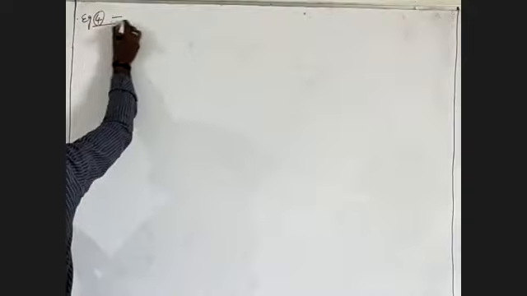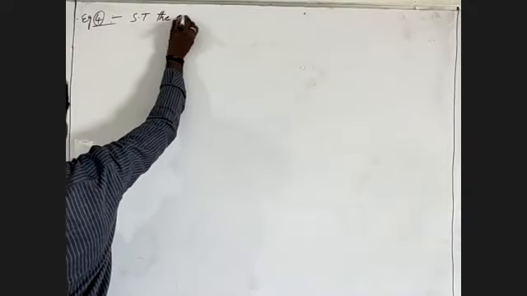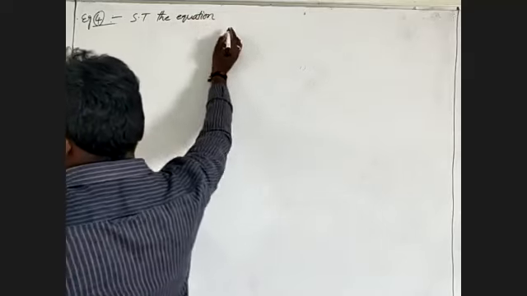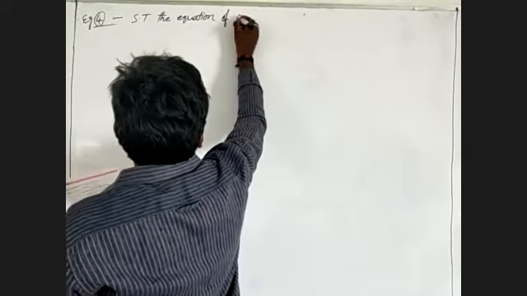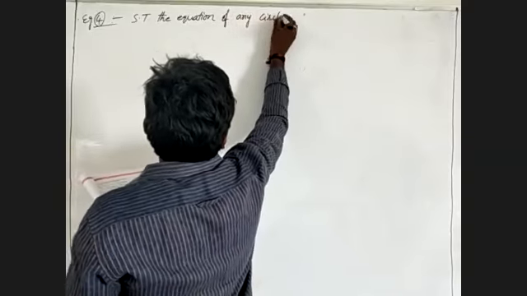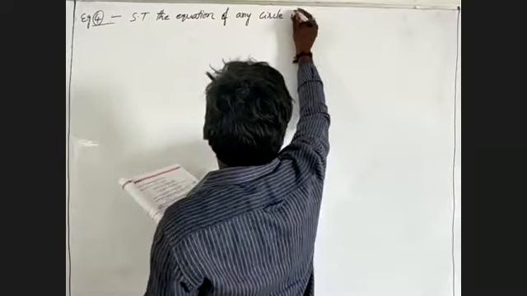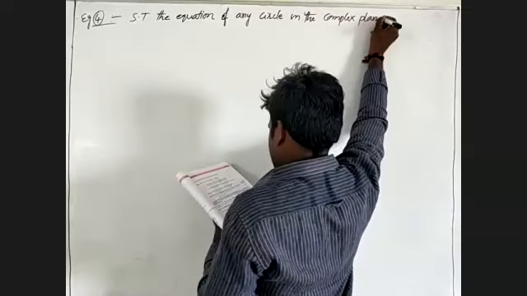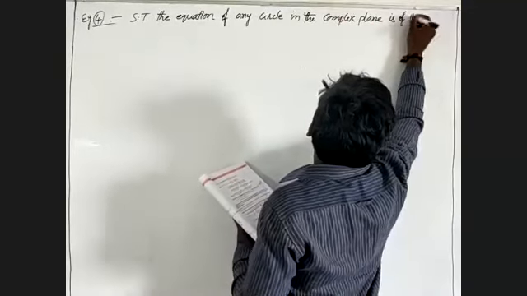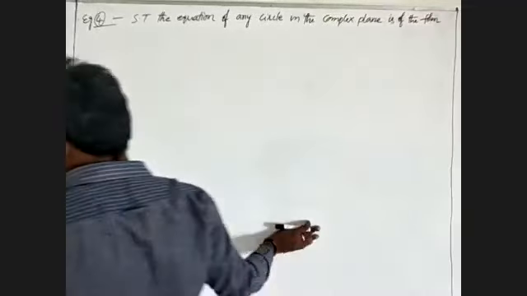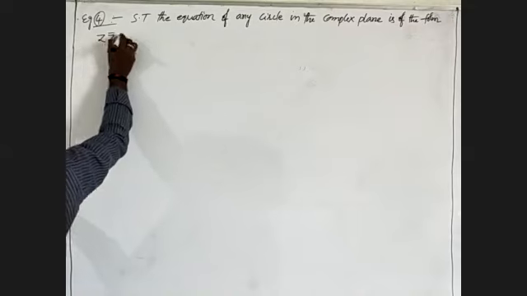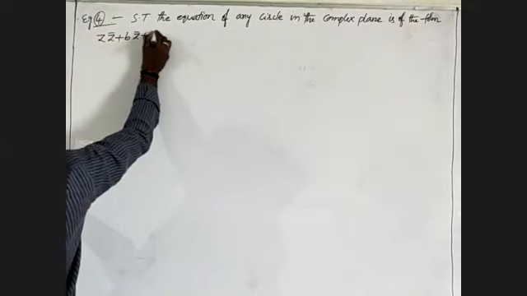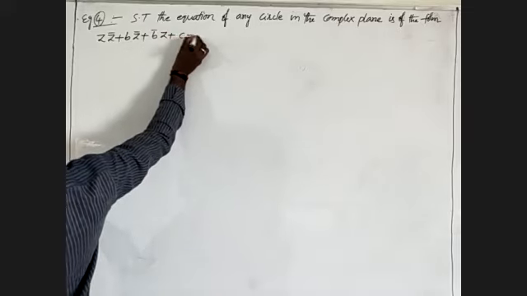Now I am going to the next one. This is most important for 4 marks. Show that the equation of any circle in the complex plane is of the form z z bar plus b z bar plus b bar z plus c equals 0.